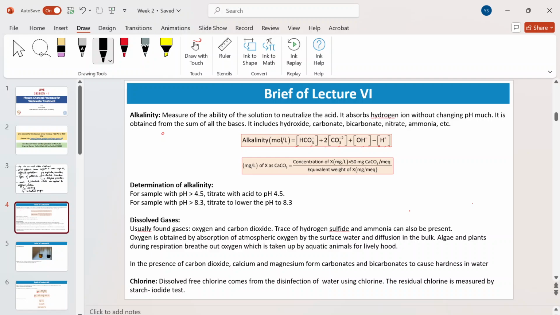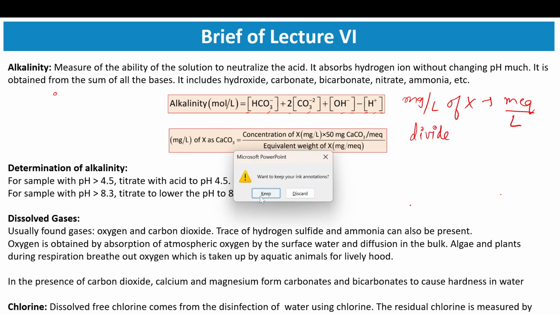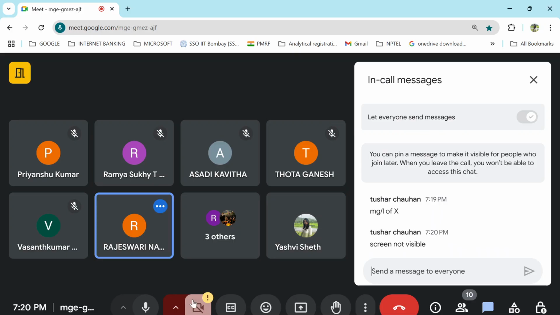So, how do we convert the concentration of any X, which represents any of these anions, in terms of calcium carbonate? First step is to convert milligrams per liter of X to milliequivalents per liter. And how do we do that? Excuse me, ma'am, screen is not visible. Oh, sorry. Give me a moment.